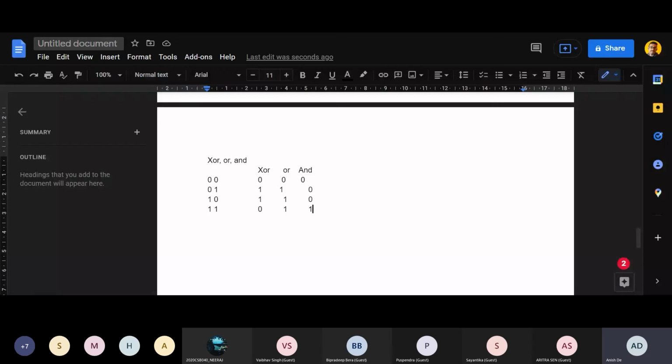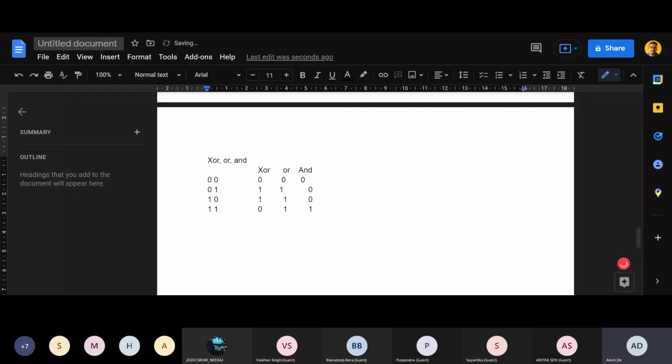And for AND, every bit should be 1 for the output to be 1. If there is a single 0, the whole output will be 0. So basically these are the three things that are most commonly used in bit manipulation.